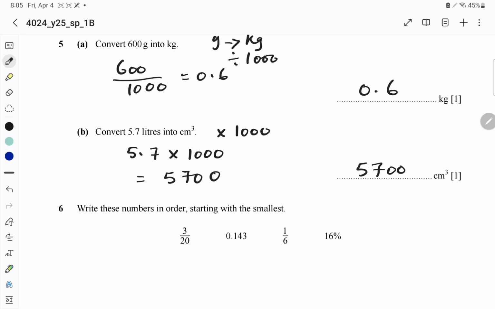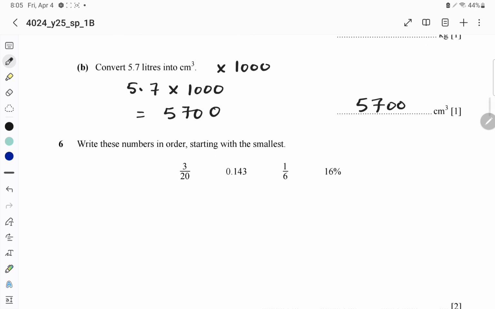Whenever we change liters to cubic centimeters, we multiply by 1000, and that will be our answer. And cubic centimeters to liters, we divide by 1000. Liters into cubic meters, we will divide by 1000. And cubic meters into liters, we multiply by 1000.